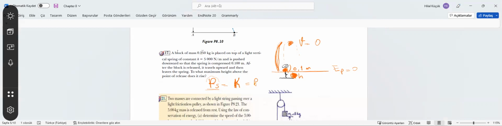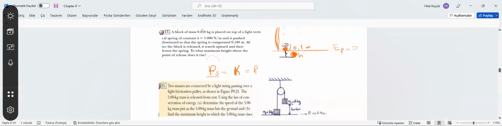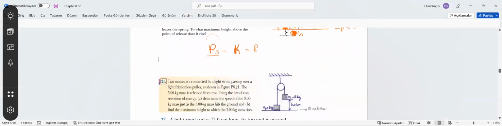Okay, I just solved it quickly. You can do all the math parts by yourself. There is just some energy conversion.